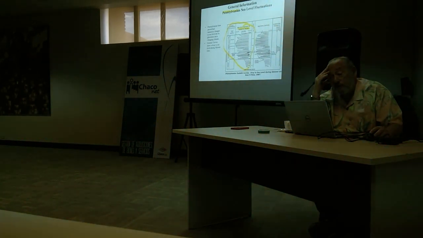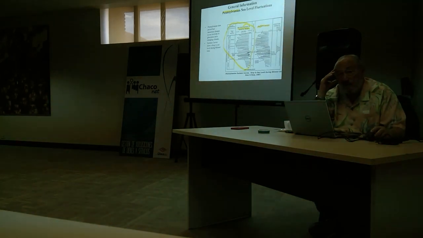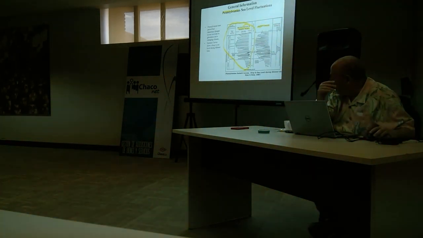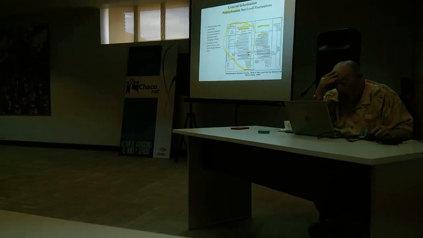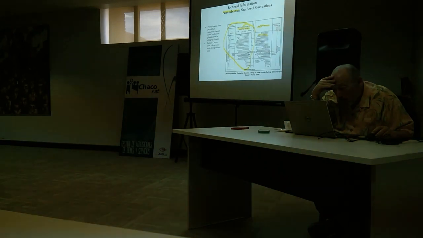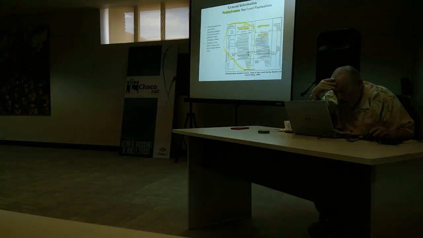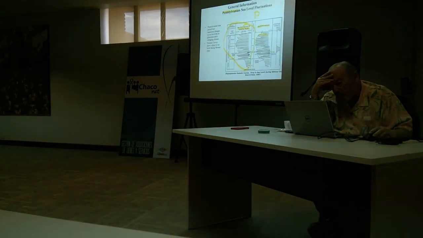So what I use is the eustatic curves, which are symmetrical. And if you look very closely, each one of these is symmetrical. To the left is a rise in sea level, to the right is a fall in sea level.